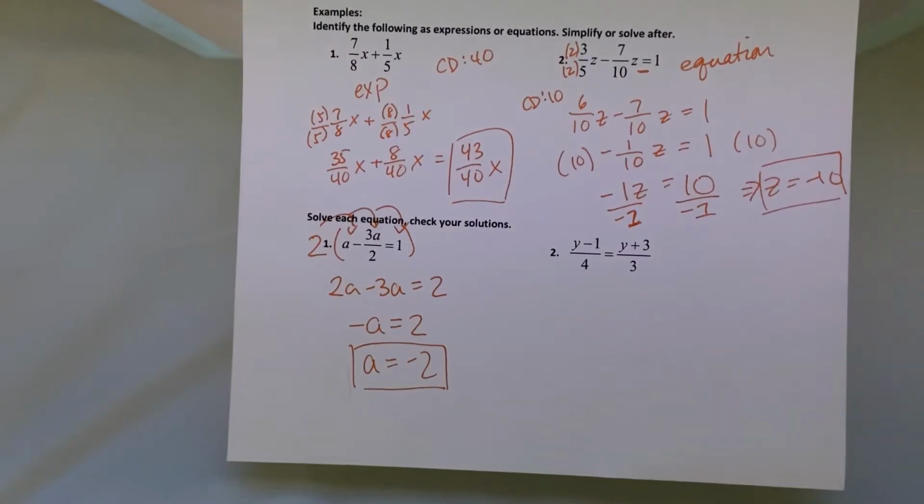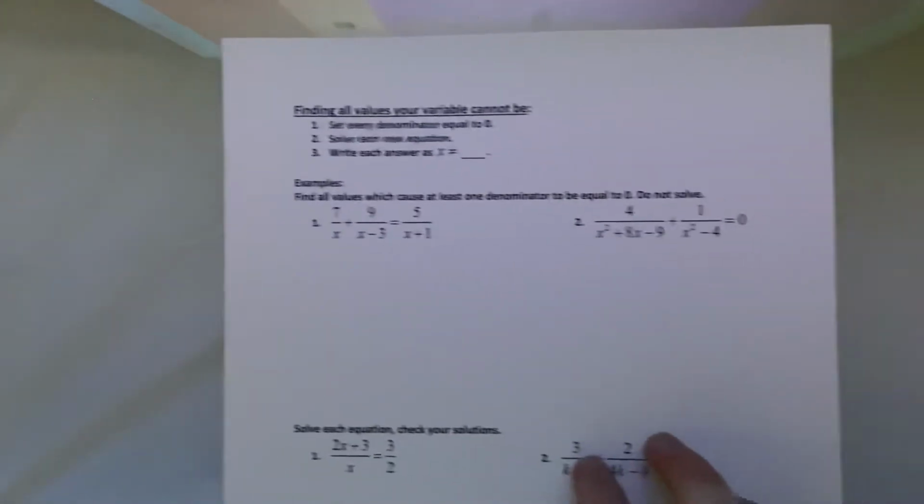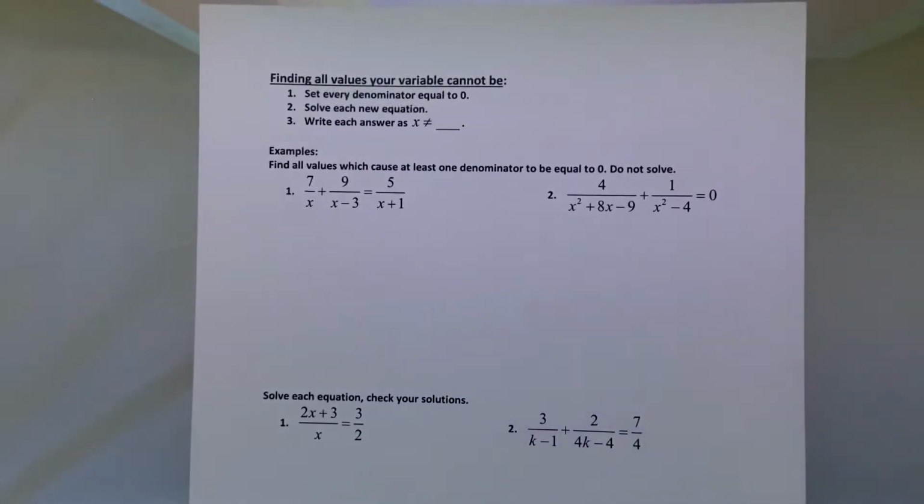But we're going to get into some where there's actually variables in the denominator. It'll be a little bit trickier, but if we've done 6.4 and 6.2, we can manage these. So set every denominator equal to 0, solve each new equation, and write each answer as x is not equal to. So this is finding all values of your variable that make you divide by 0. So this is to kind of check yourself to know which values of x you can't have at first.